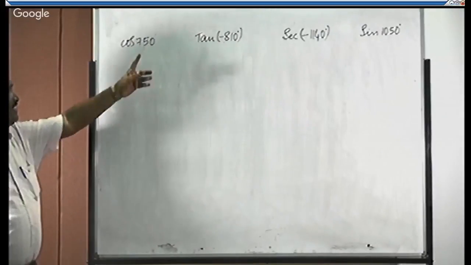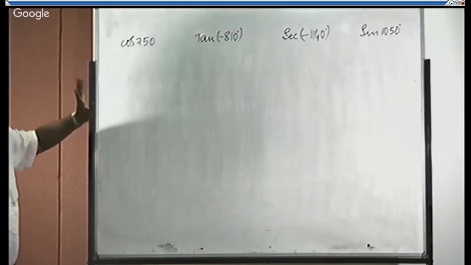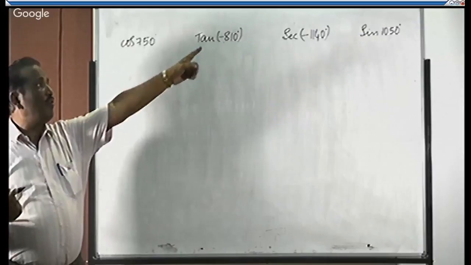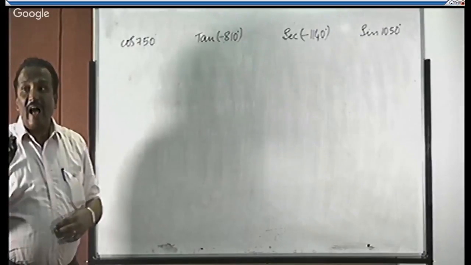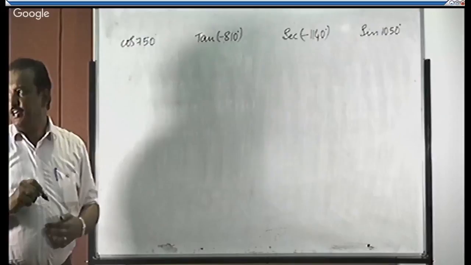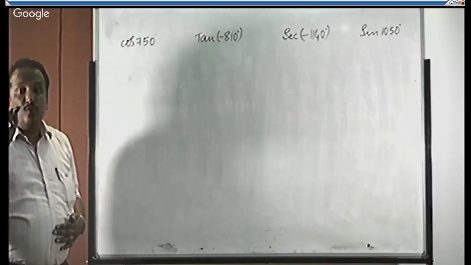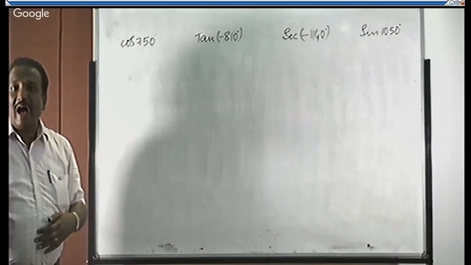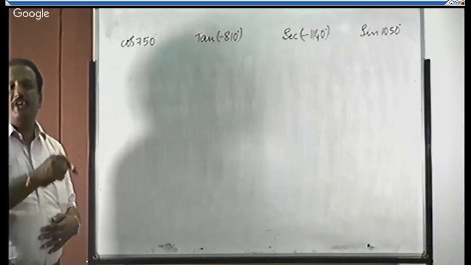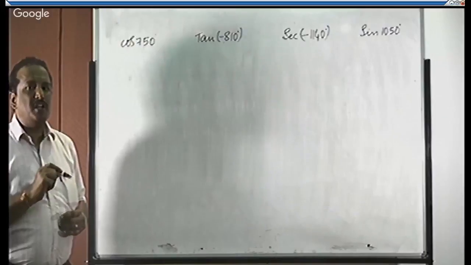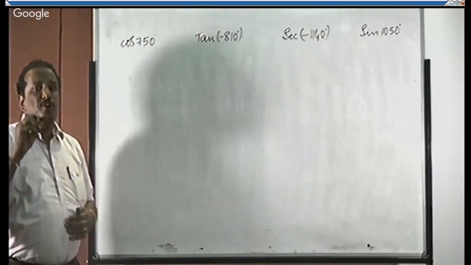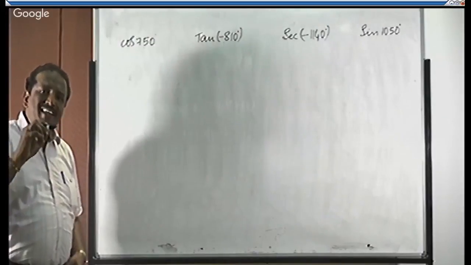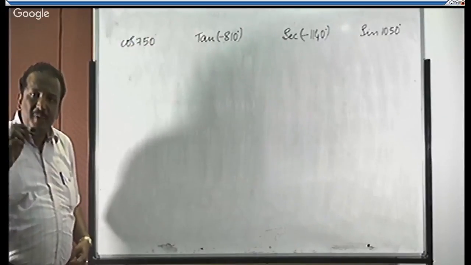But here, the angles are 750, 810, 1140, etc., which are angles of very large magnitudes. Whenever you have a trigonometric function connected to an angle of very large magnitude, you just follow one simple convention. Under such a circumstance, you can write that angle in the form of some multiple of 360 degree plus or minus something.